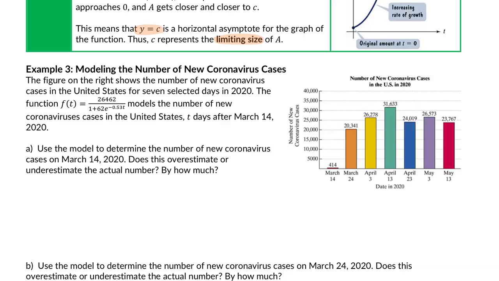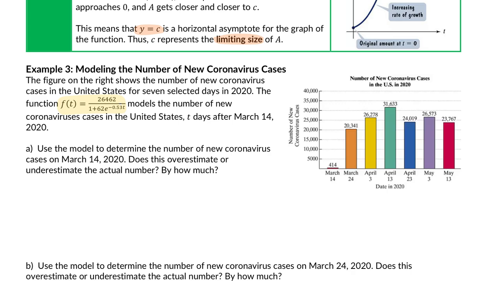The first question here says, use the model. This is the model. Let's highlight it so we can find it quickly. F of t equal to 26,462 over 1 plus 62e to the negative 0.53t. Use that model to determine the number of new coronavirus cases on March 14th, 2020.